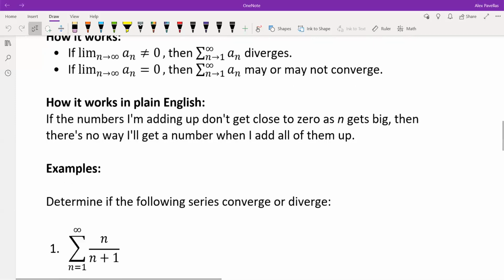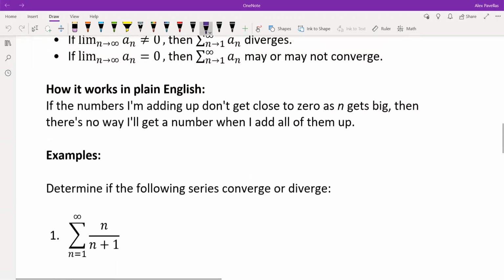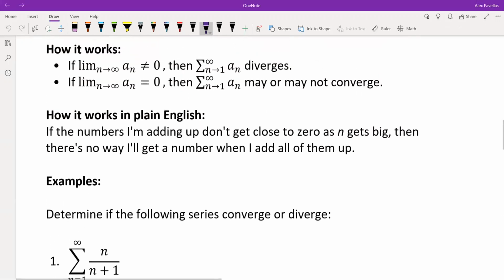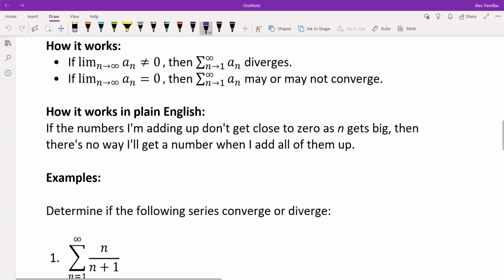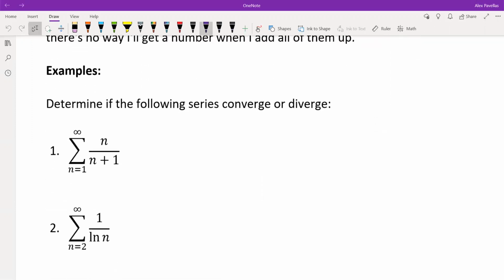Yes, it converges. So if we look at this first one, according to our test here, we just have to do the limit as n approaches infinity of the numbers in the series and see whether or not we get 0. So what is the limit as n approaches infinity of the numbers in this series? n over n plus 1.